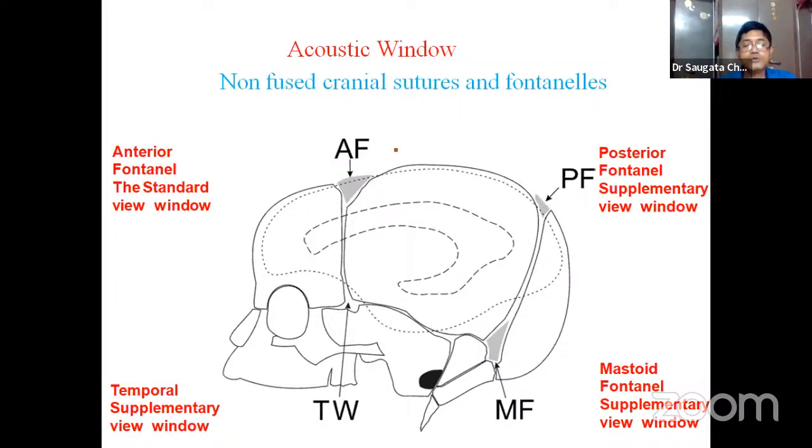This is mostly what we see, and the other windows we can use are called axial, which is the temporal view. Another is the mastoid, where we see the cerebellar view. The posterior fontanelle can supplement sometimes, but it is not always used.